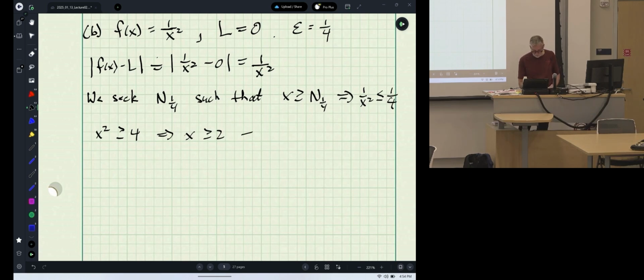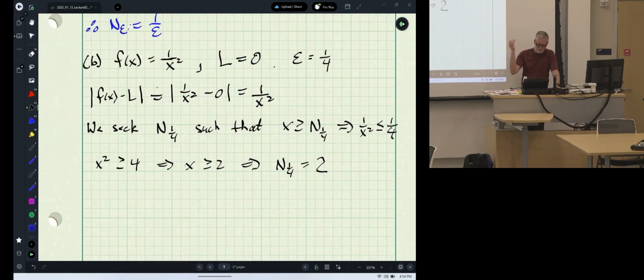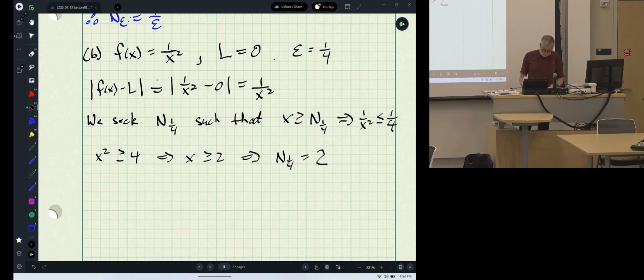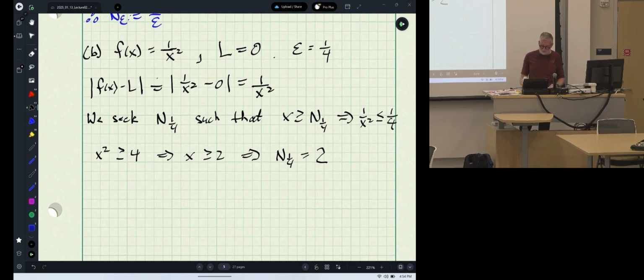And then that implies we can take n sub 1/4 equals 2. Okay, so you write down the definition of what you're trying to check. You do the algebra, and because there's absolute value signs in there, it's easy to make mistakes with the inequalities, but you do your darndest to check that out, and then you find bounds.